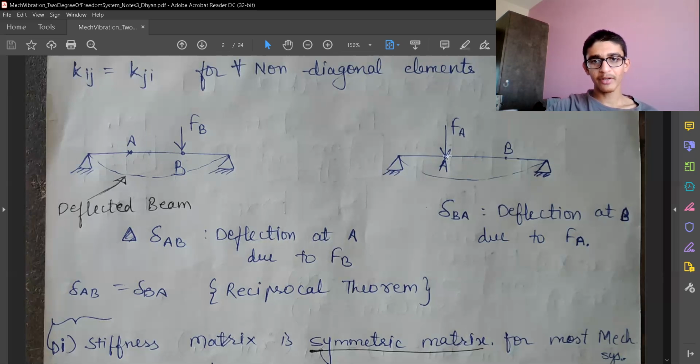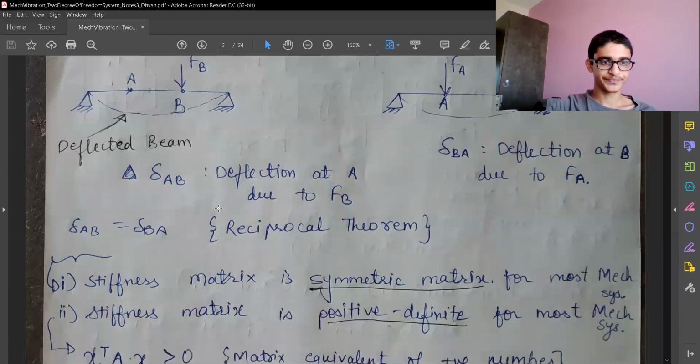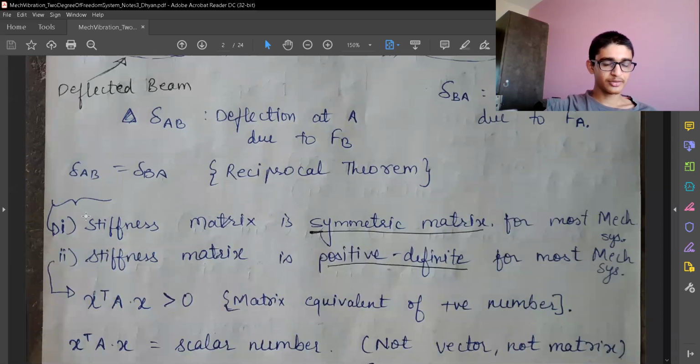When we apply a force FA and check the deflection at B, delta BA will be the deflection at B due to force FA, and due to the reciprocal theorem, delta AB is equal to delta BA. So the first point you should remember is that the stiffness matrix is a symmetrical matrix for most mechanical systems. As of now, we'll understand them as symmetrical matrices only.